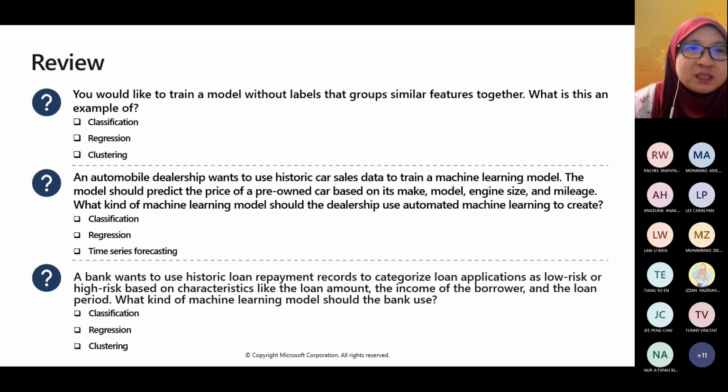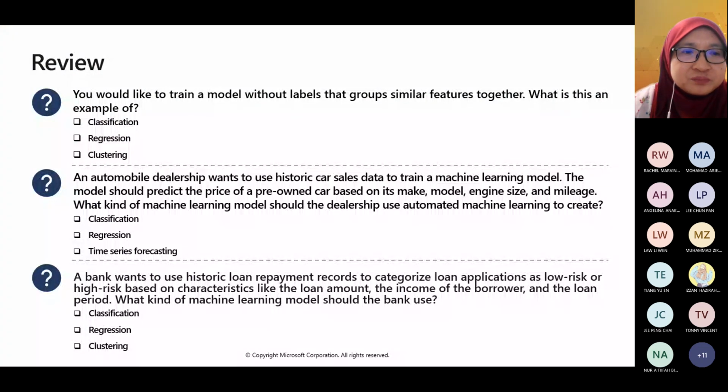Is it classification? Is it regression? Or is it clustering? You want to train a model tapi tak ada label. Okay, that group similar features together. Okay, you said clustering. Okay, it's true. It's a clustering.